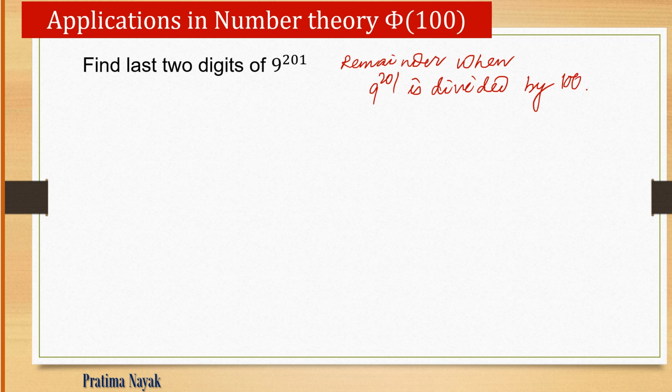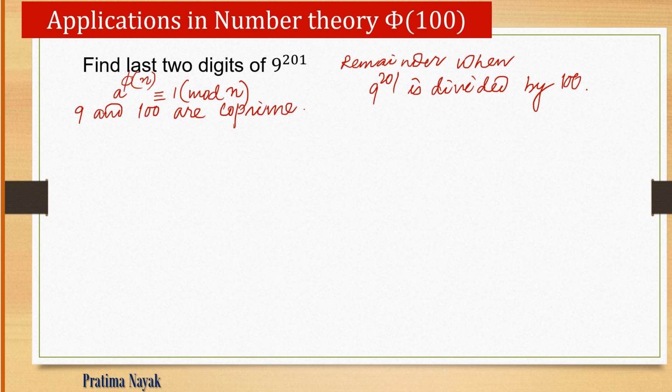So if we correlate with this phi function, let me write this theorem once: a to the power phi of n is congruent to 1 modulo n. Here our n is 100 because we are dividing by 100, and a is 9. 9 and 100 are co-prime. So I can use this function here.